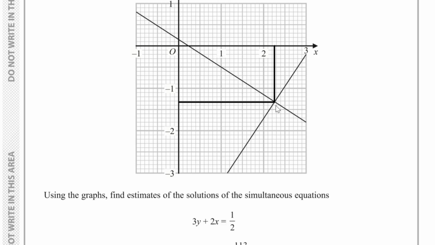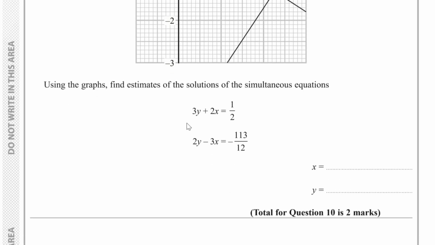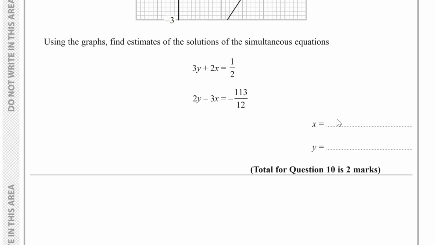So these points over here, we've got 2.225, and here we've got minus 1.3. So we see we have an x solution of 2.25, and here a y coordinate of minus 1.35.